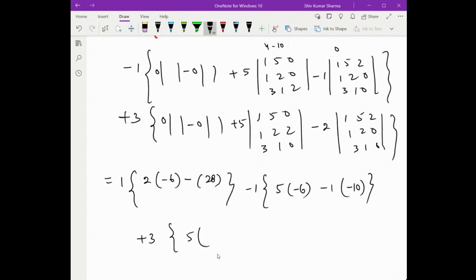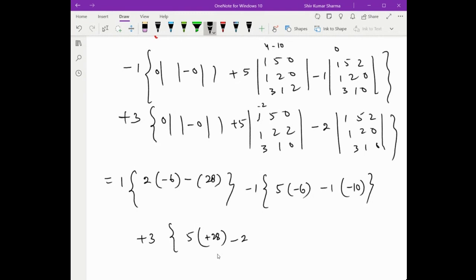That means for this 5, what is the value of this? For 1, 0, 2, that means minus 2, and for 5, 0, 0 or 2, 3 is 6, minus 6 and minus 5, plus 30, so 28. So this one is 28.